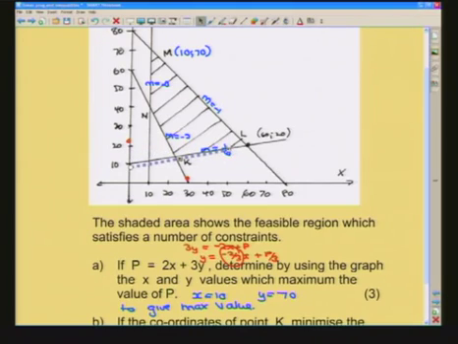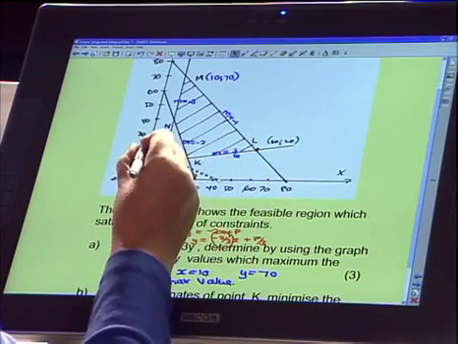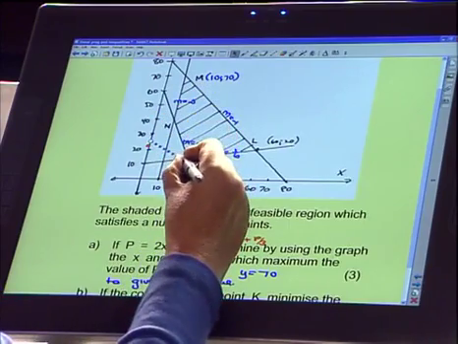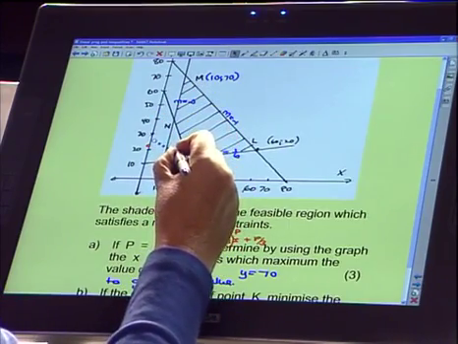Now that raises an interesting question, because if that does happen, that means that any solution along that line will be true. So you would have to give me all answers on that line. So we don't want that. So we want its gradient to lie between this one's gradient and that one's gradient. So it's not too hard to do.